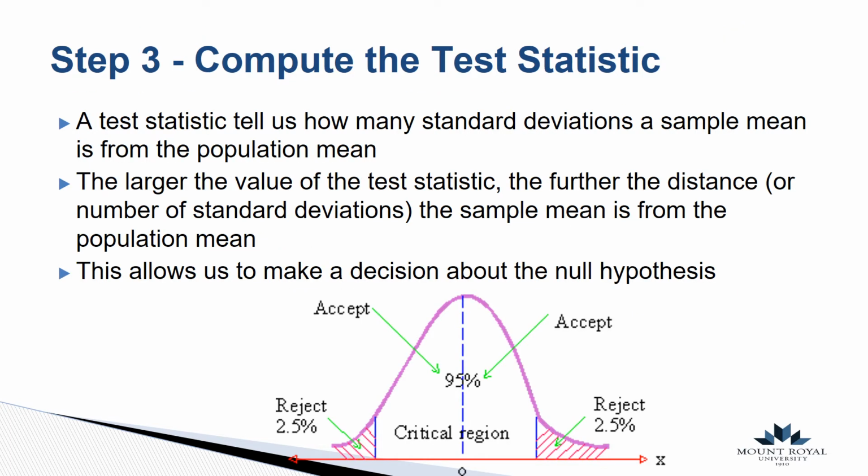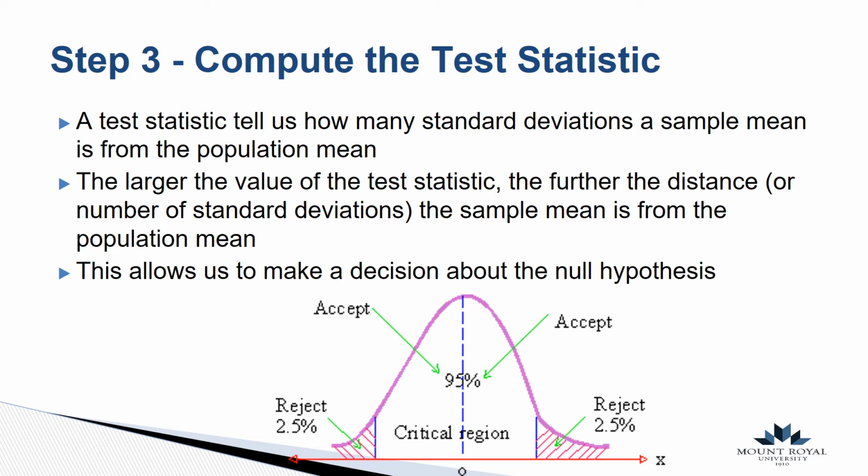So step 3, we're going to do our statistical calculations here. We're going to compute the test statistic. And a test statistic tells us how many standard deviations a sample mean is from the population mean. So the larger the value of the test statistic, the further the distance, or the number of standard deviations, the sample mean is from the population mean.